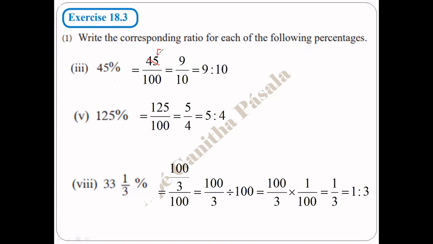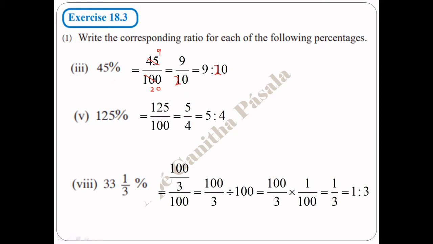You can divide both numerator and denominator by 5. 5 into 9, 45. 5 into 20, 100. So what is the answer? 9 to 20. So 9 over 20 means 9 to 20.